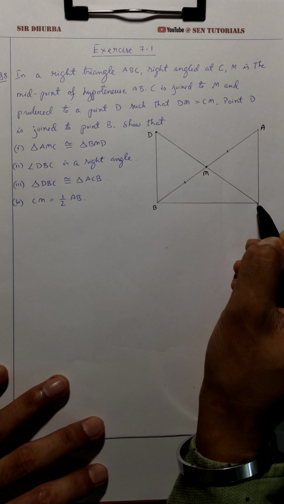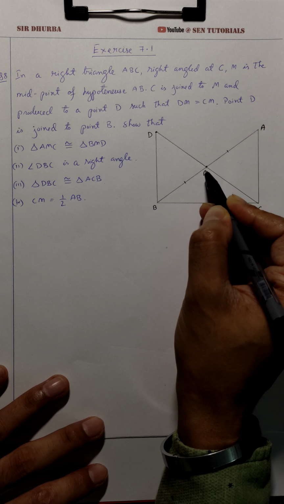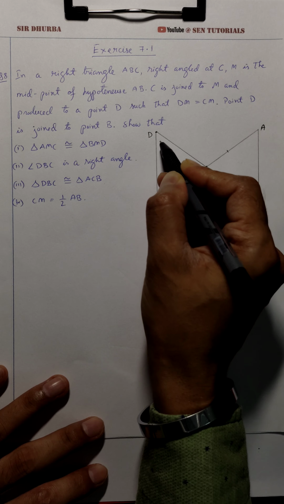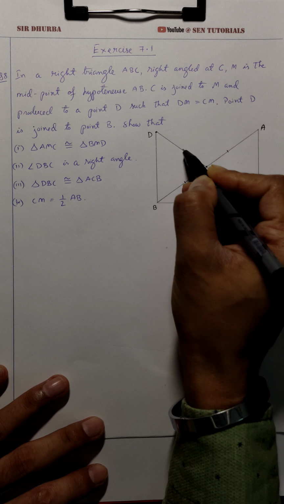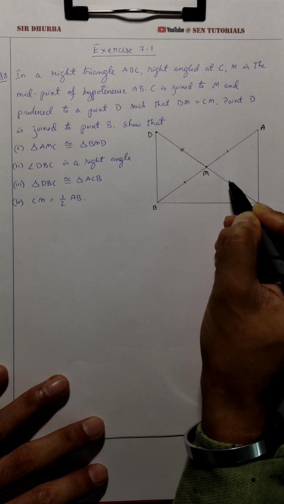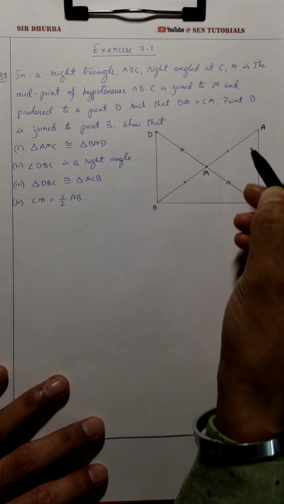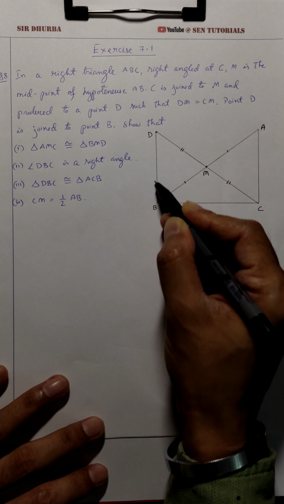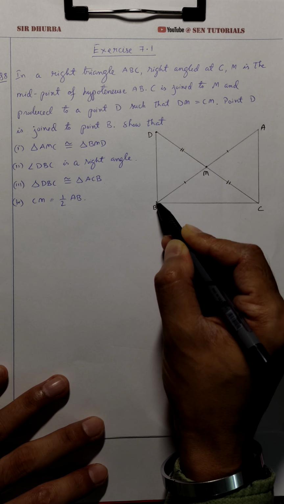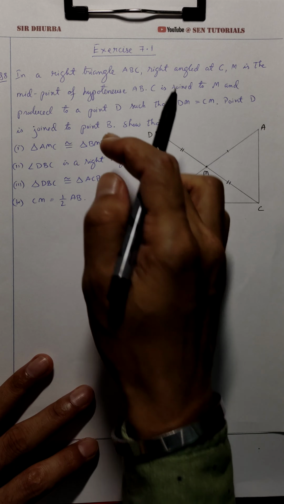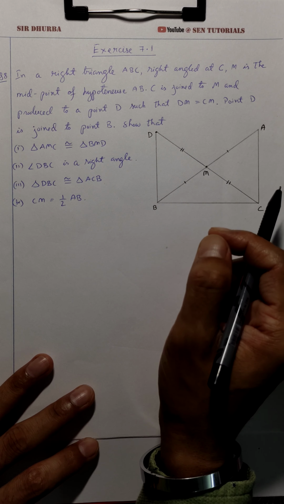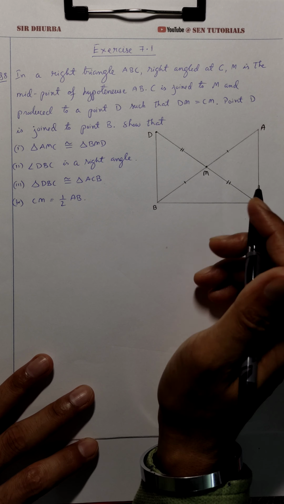C is joined to M and produced to the point D such that DM is also equal to CM. Point D is joined to point B. Show that, we have 4 conditions to be proved.